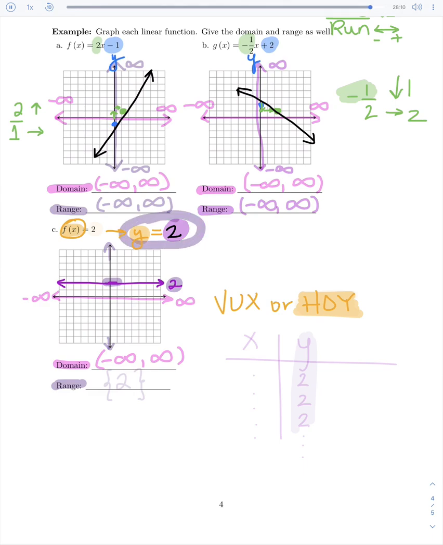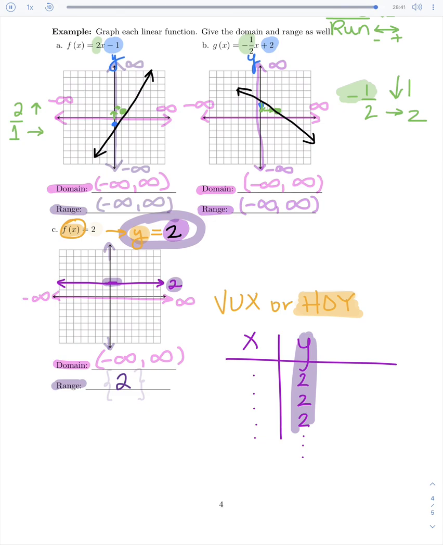By saying y equals 2, we talked about this before, it doesn't matter what x equals. You can have infinitely many options here, but the y is always going to be 2. So the only thing you're going to get out as a range for your y values is just the number 2.